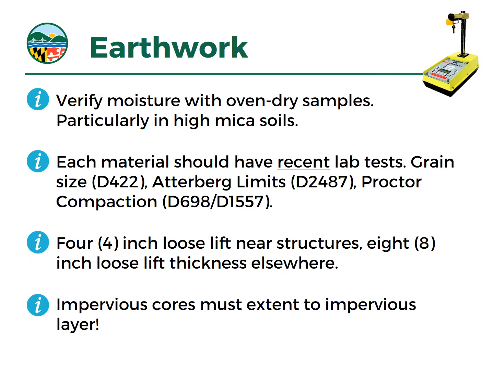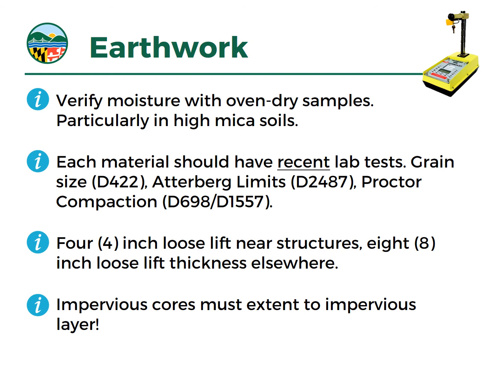All right, we would recommend that the moisture content determined by your nuclear gauge is verified in the lab or in the field periodically with oven dry samples. And this is particularly important in soils in the Piedmont area, which have high mica contents. The hydrogen bound in that mica is something that can throw off the nuclear density gauge readings of moisture content, and you can get biased high readings.